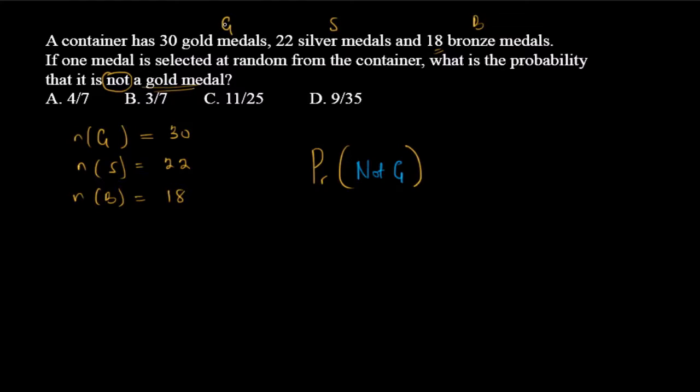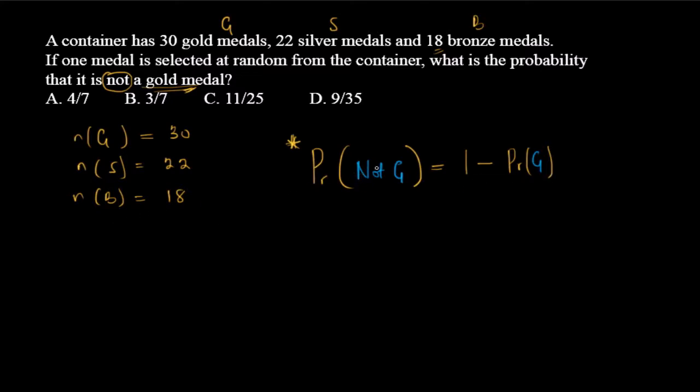We said G represents the event when the person picks a gold medal. So the probability of not G equals 1 minus the probability of G. This is a very good equation that is going to be very useful here.